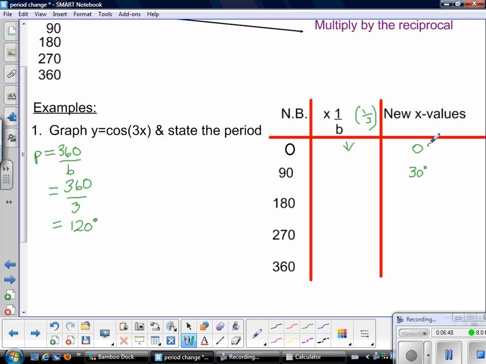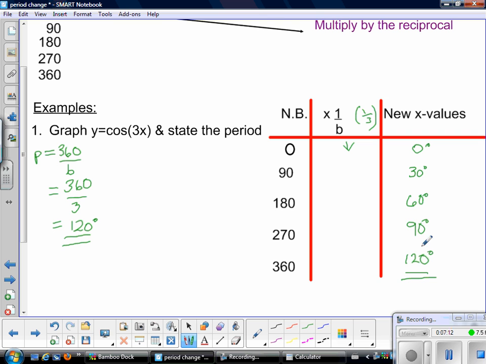And that was 0 degrees. Here it's going to be 60 degrees. Then it's going to be 90 degrees. And 360 divided by 3 is 120 degrees. So if I take this formula and I also do this table, both of those need to match. And if you notice they do, both of them come up with 120 degrees.